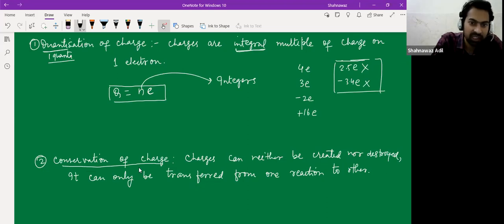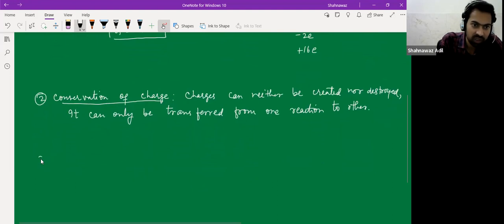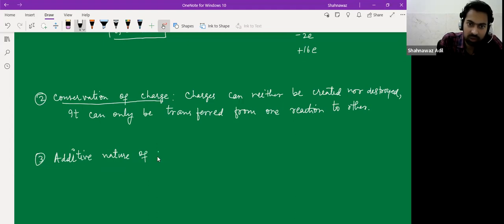And the third property is the additive nature of charges.